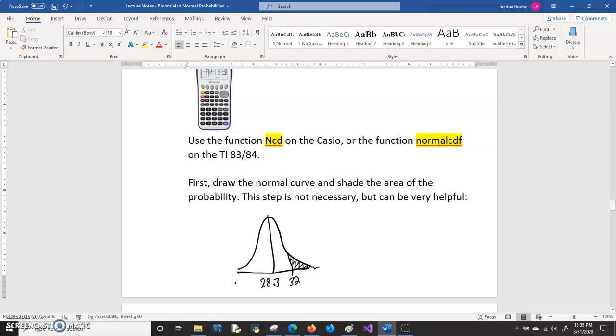So anything that's more than 32. And in theory, the curve goes forever towards infinity. So the area of that shaded region is equal to the probability that x is more than 32.